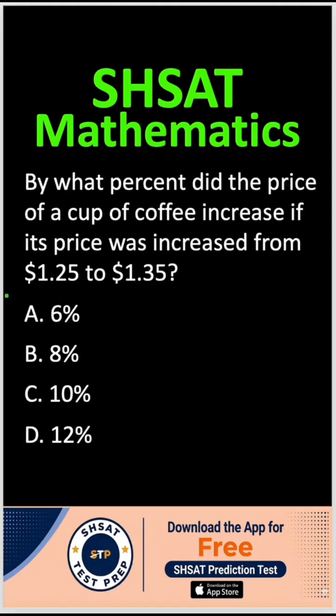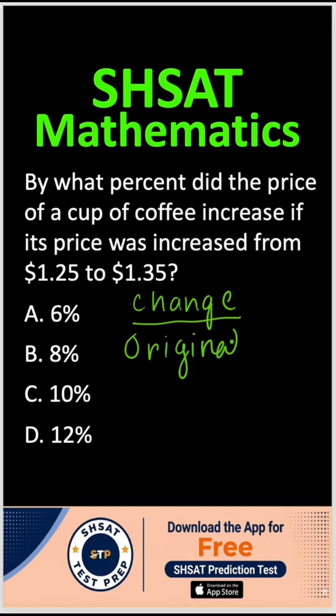Next, we have, by what percent did the price of a cup of coffee increase if its price was increased from $1.25 to $1.35? So we can use the formula of change over the original price times 100%.